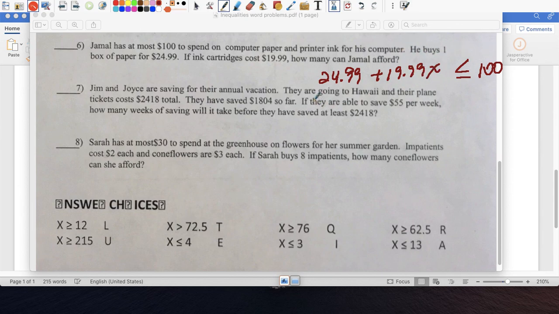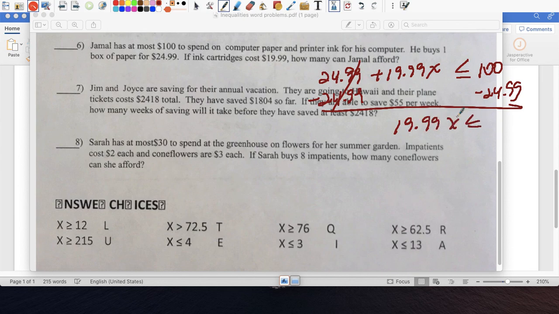Well, minus $24.99, minus $24.99. 19.99x less or equal to 100 minus 24.99, which is 75.01. If we divide that by 19.99, x has to be less than 3.75. So he can buy 3.75 ink cartridges.